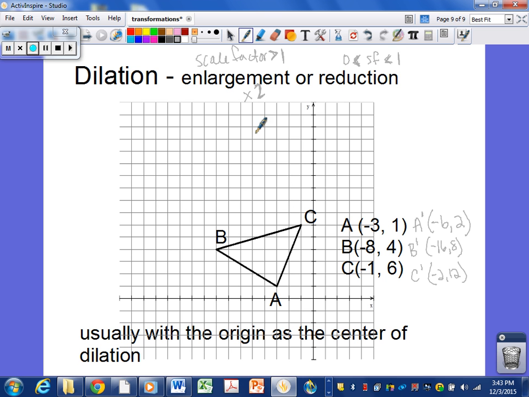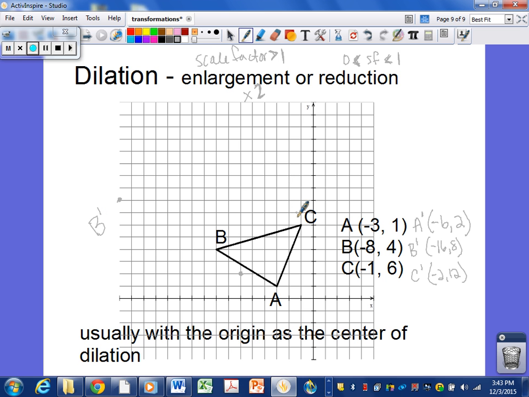Okay, and this is not an isometry because the side lengths will not be the same as they originally were. So here's (-6, 2). Here's B prime way over here.